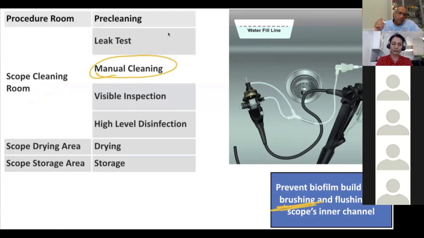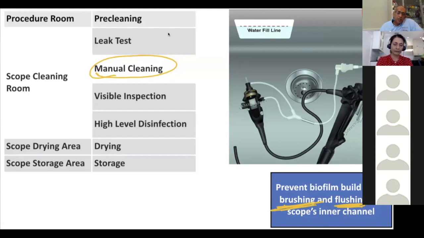Once you brush, you flush with specific agents, and that will flush all the channels, even the channels that you cannot brush, like air, water, and water jet. And then you clean the scope outside as well.